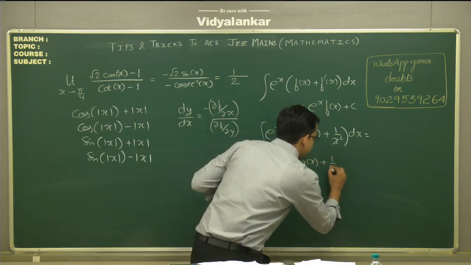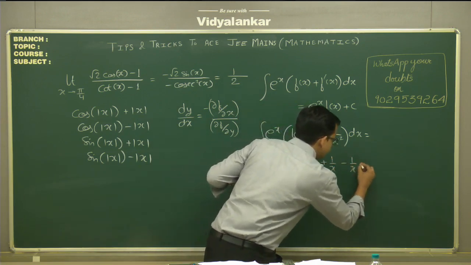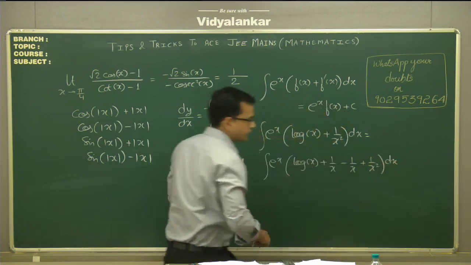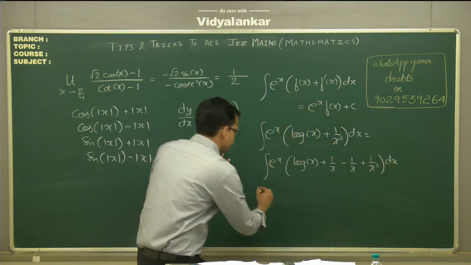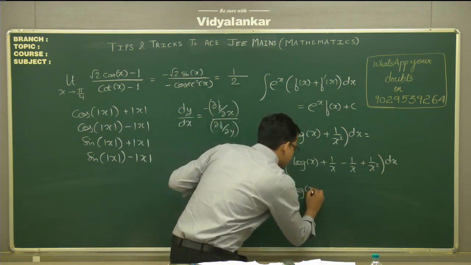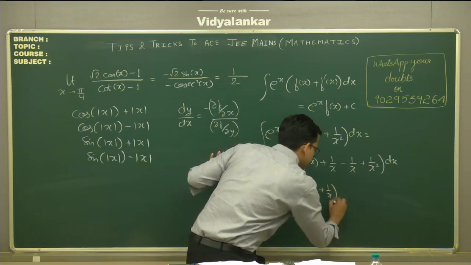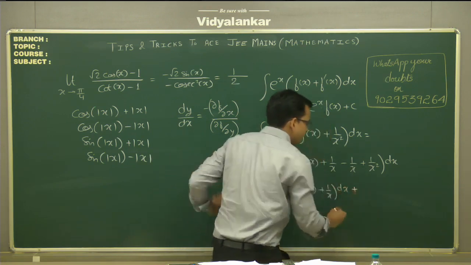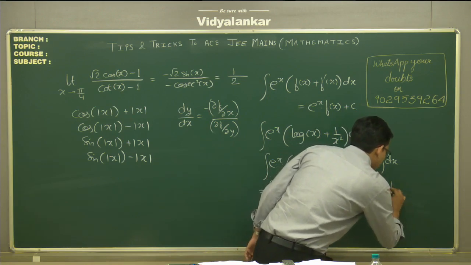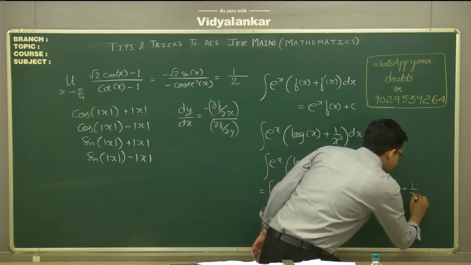we can just add subtract 1 by x in this. And then you distribute it. So it is e raised to x into log x plus 1 by x plus e raised to x into minus 1 by x plus 1 by x square.